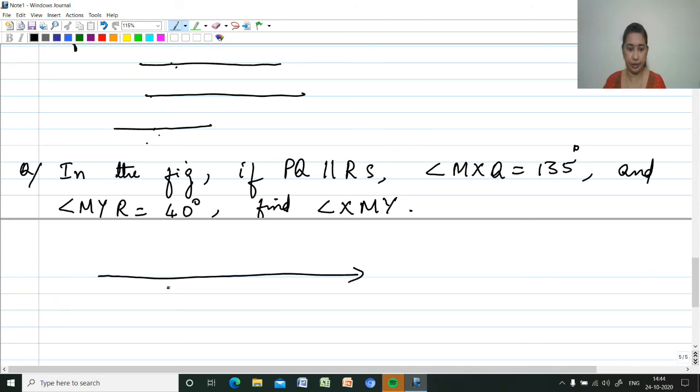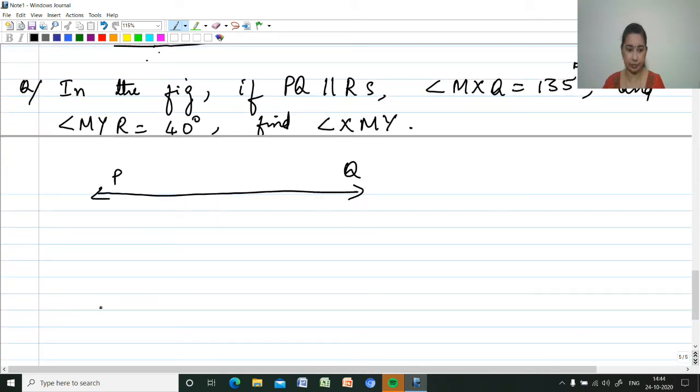This line is given as PQ and the second line is given as RS, and a line is joined here.